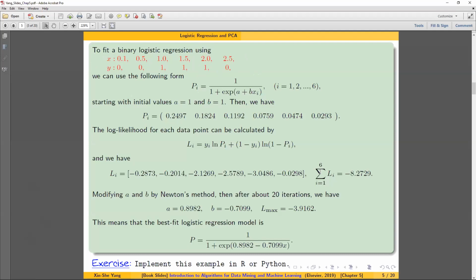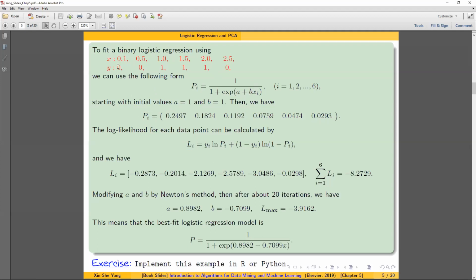We start with some initial numbers, a equal to 1 and b equal to 1. Then with a, b, and xi, we should be able to get P1, P2, P3, P4, and so on. Once we get the Pi, we can use the likelihood to get Li.